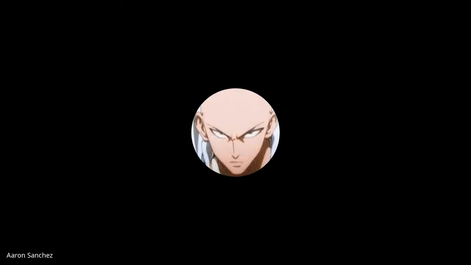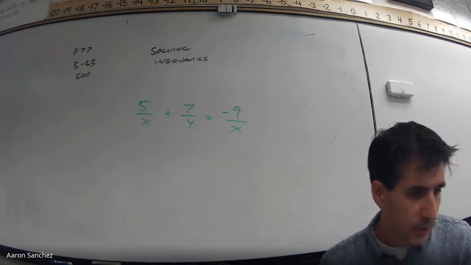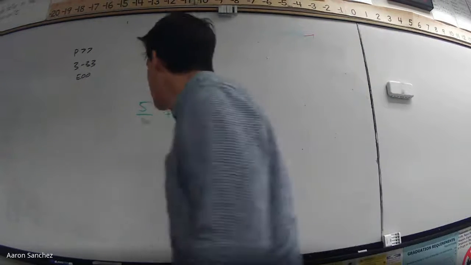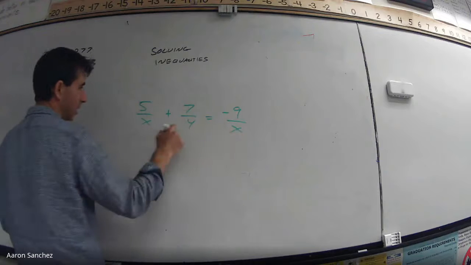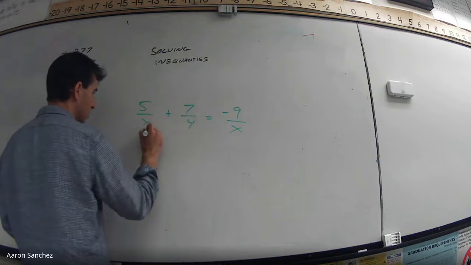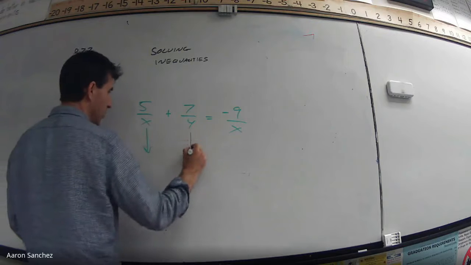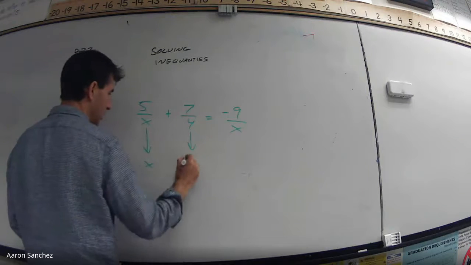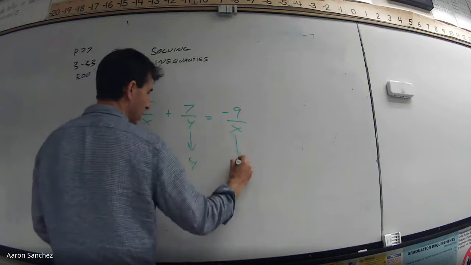Okay, so remember, we need the least common multiple to solve this. We need the least common multiple of the denominators. Remember, we talked about this is a house, this is a house, this is a house, and this house has an x. This house has a 4. This house has a 4. This house has an x.